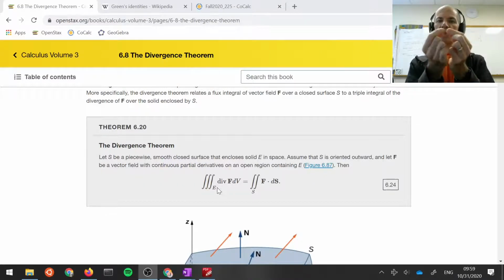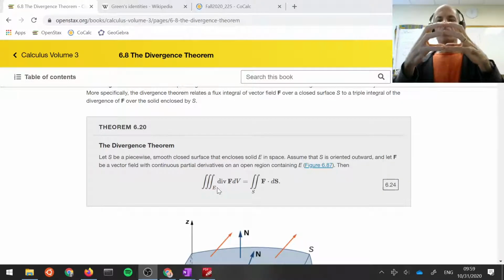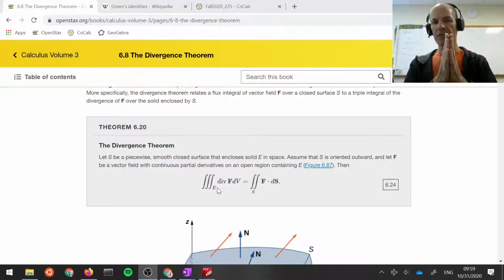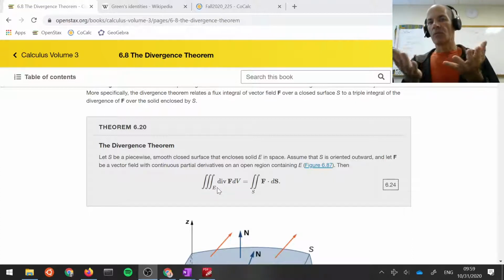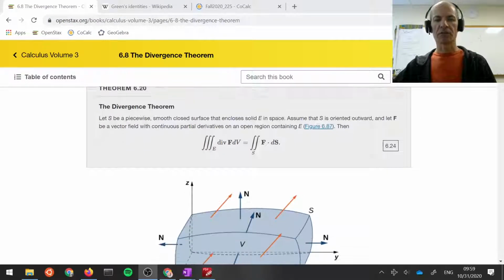So there's cancellation. And if you have a nice continuous vector field F, then cancellation occurs all throughout the interior of the volume. And the only place where cancellation doesn't occur is on the boundary of the set. And what's left turns into, amazingly, the flux integral of the vector field across the enclosing surface.